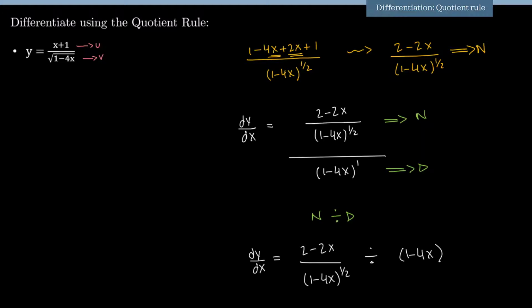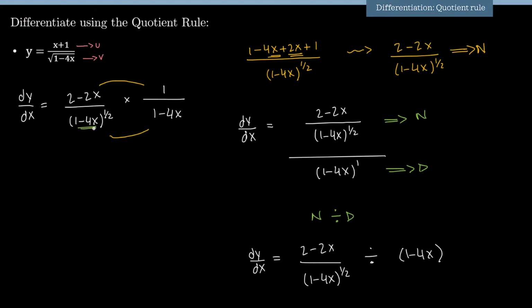You might have learned from basic algebra that if we convert the division sign into a multiplication sign, then the term towards the right hand side of the sign gets reciprocaled. So if I convert this into a multiplication sign, then it would be 1 divided by 1 minus 4x. So dy upon dx is going to be equal to 2 minus 2x divided by 1 minus 4x whole power 1 upon 2 multiplied by 1 divided by 1 minus 4x. Now when two fractions get multiplied, the numerator gets multiplied by the numerator and the denominator by the denominator.